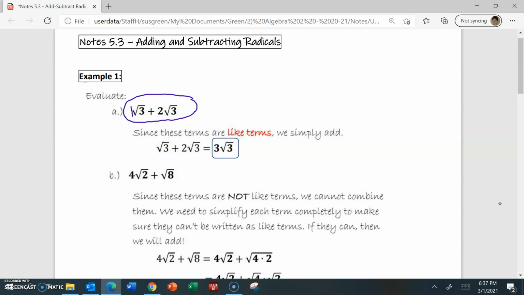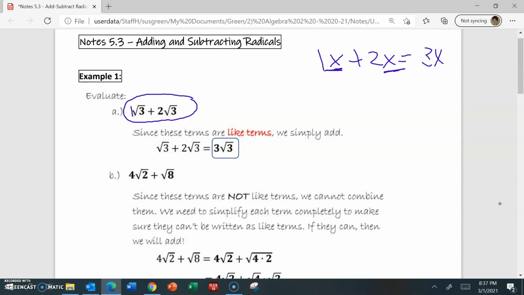1 radical 3 plus 2 radical 3, since the terms are like. Now this is really not any different than if I ask you to add x plus 2x. You are allowed to add because these terms are like. So a 1x plus a 2x equals a 3x. Okay?